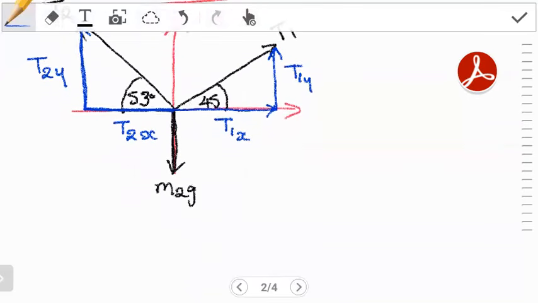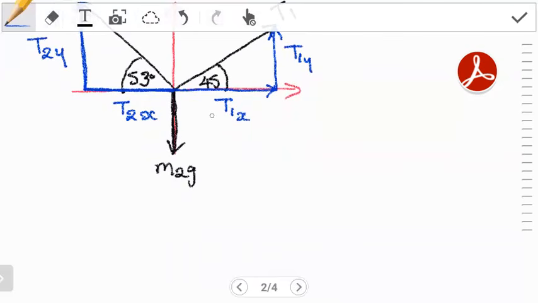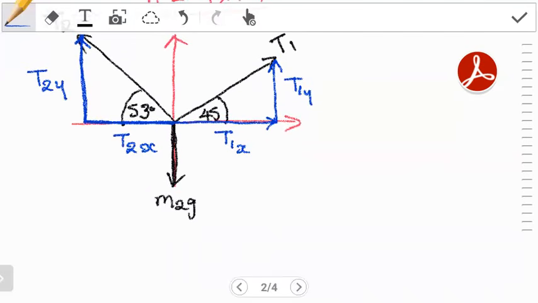Okay, now let's focus on this part, on this triangle here. So if you are struggling on how to get T1x, what is happening here is, if I was just to get that triangle, this is a right angled triangle. So we're going to use the trig ratios.